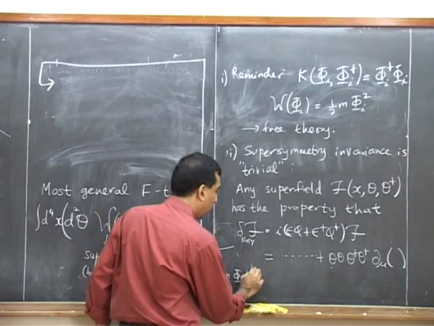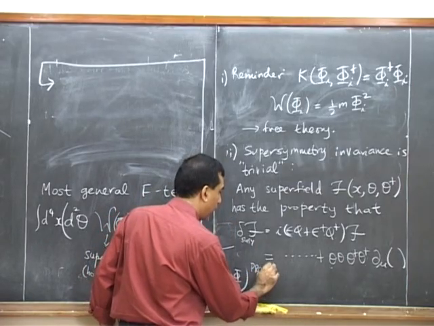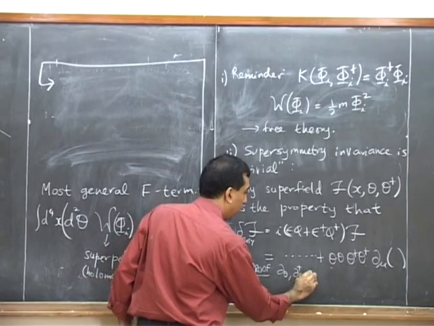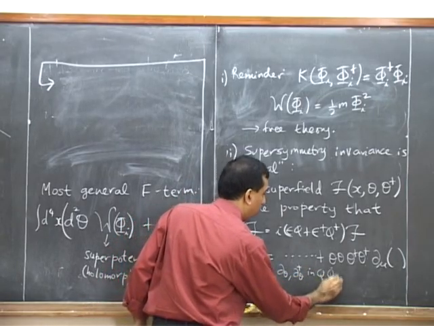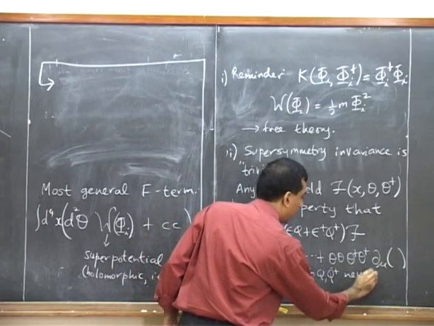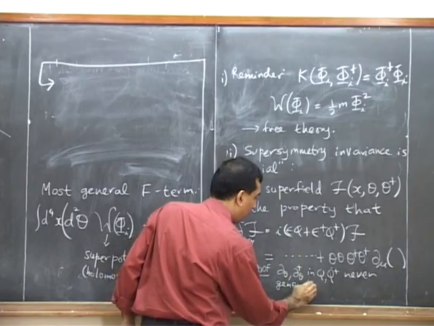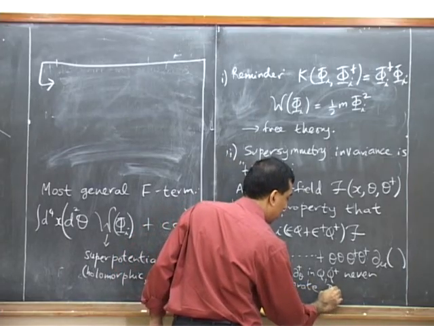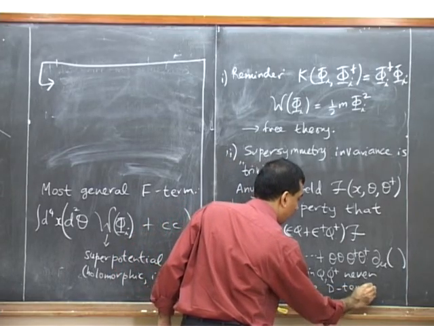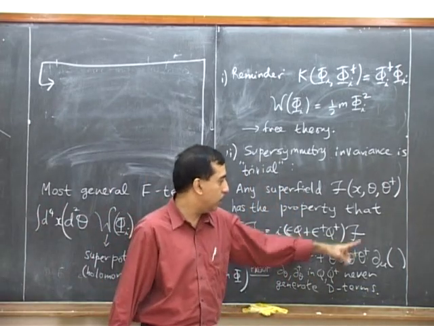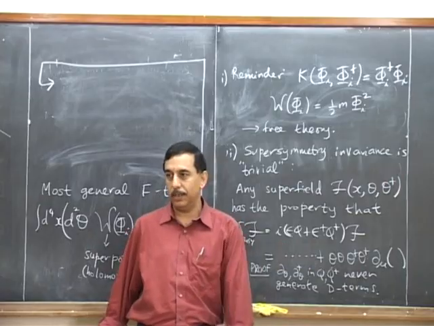The proof, I'll write it here. Del by del theta and del by del theta dagger in Q never generate D terms, because they always reduce the number of thetas inside the superfield, so they'll never generate a 4 theta term.